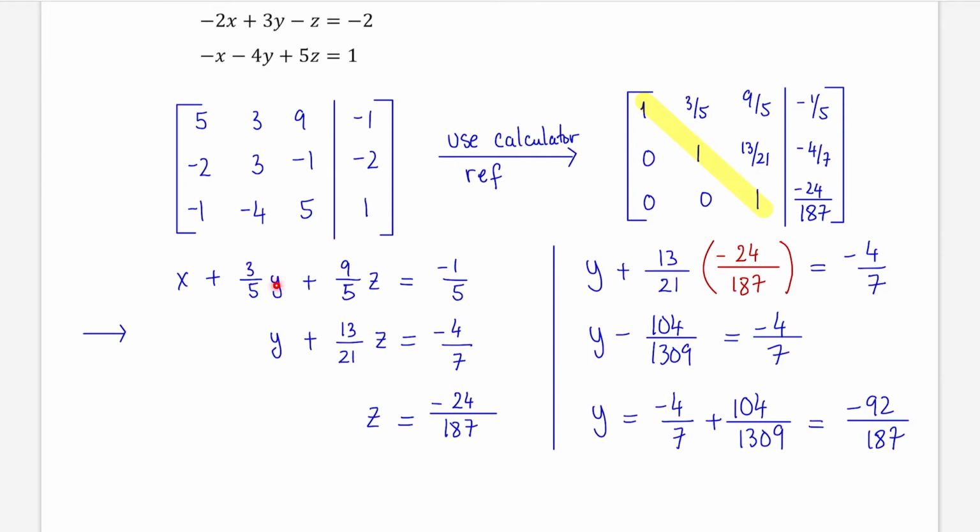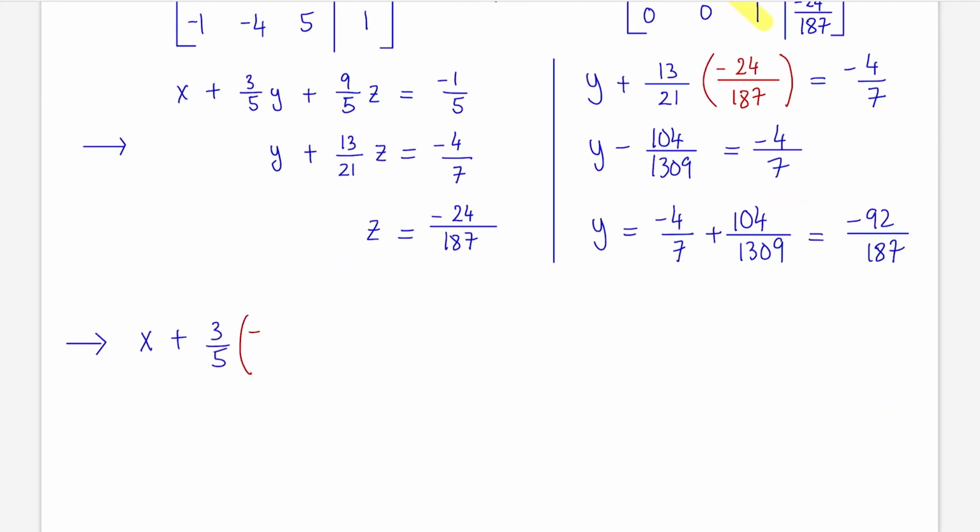Now I need to substitute y in here and z in here in order to solve for x. So I have x plus 3 over 5 times y, which is negative 92 over 187, plus 9 over 5 times z, which is negative 24 over 187, equals negative 1/5.